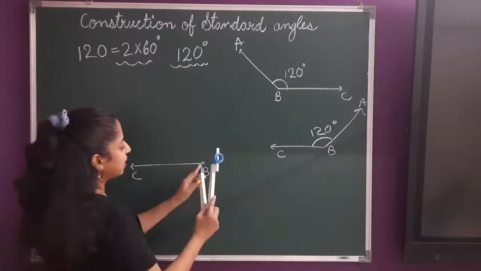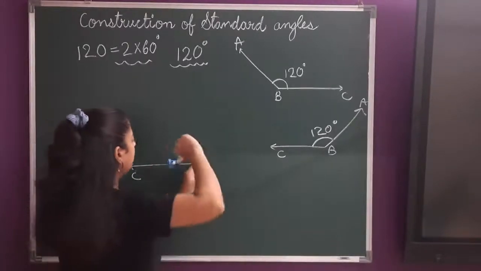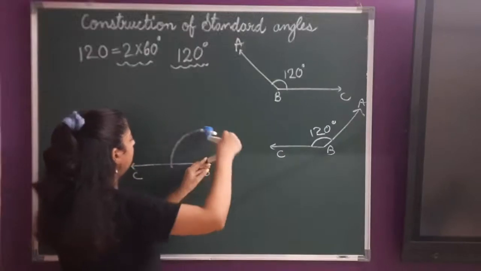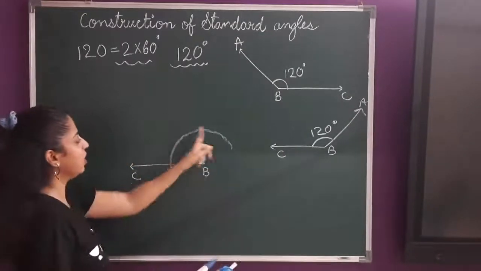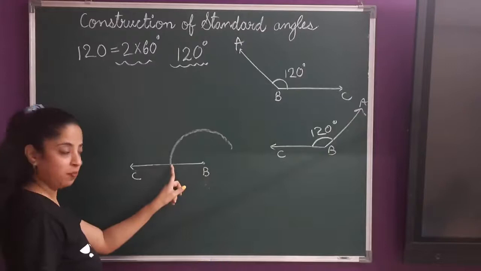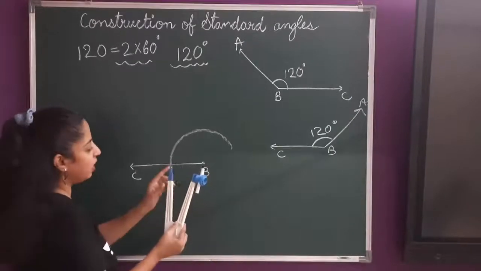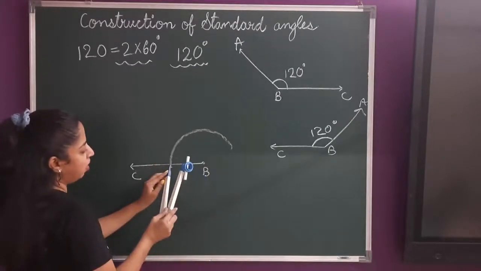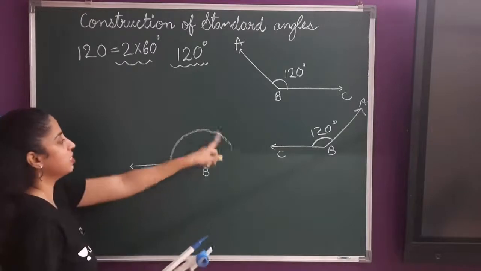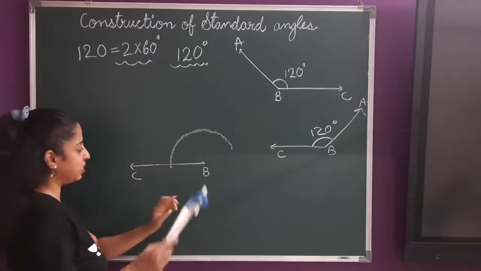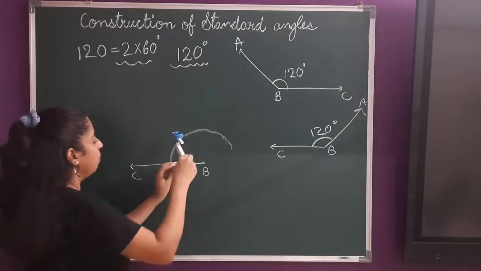Now taking the compass, keeping it at point B, I am drawing an arc like this such that this arc is touching here. Now keeping the same measurement, keeping my pointer at the point where this arc has met my ray BC, I will make a cut.